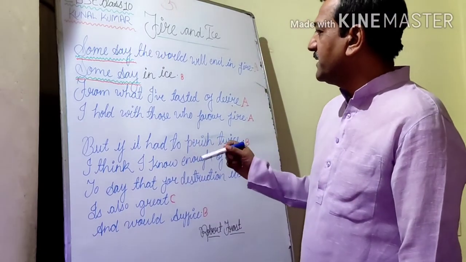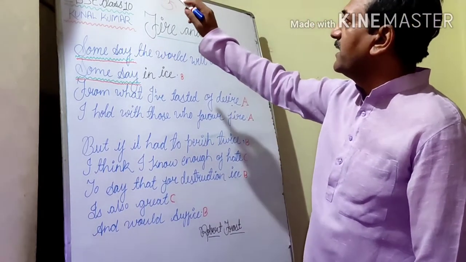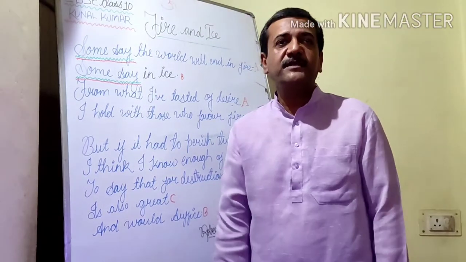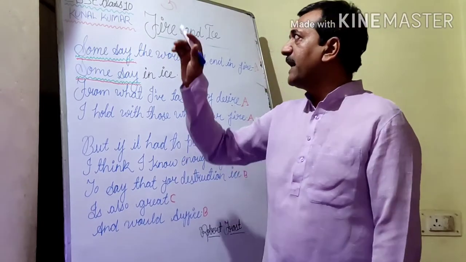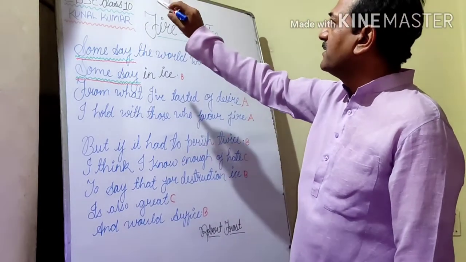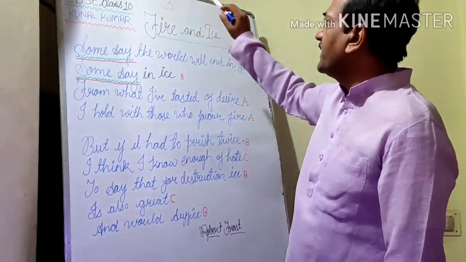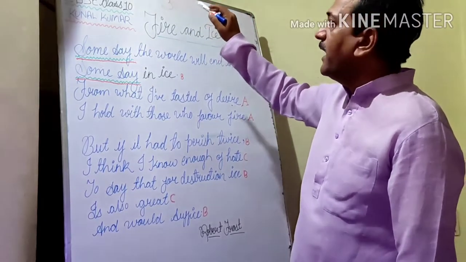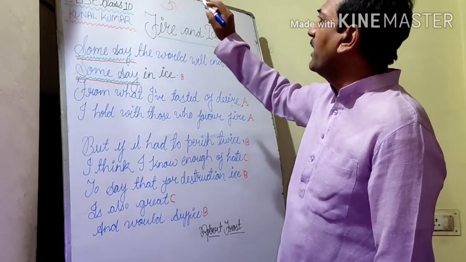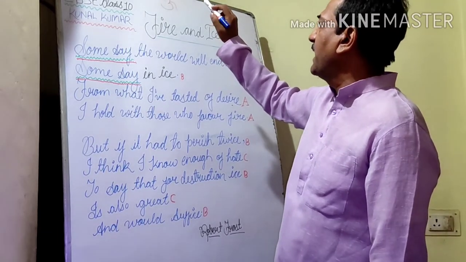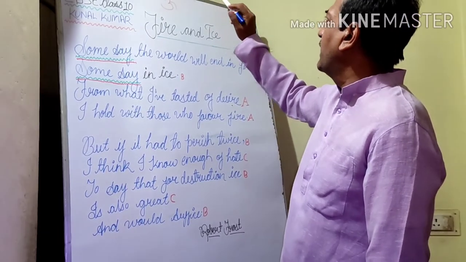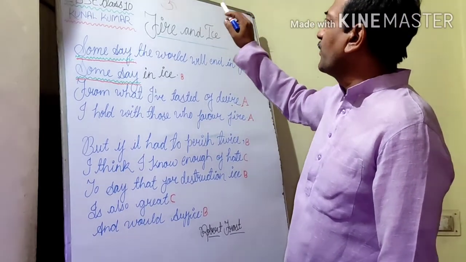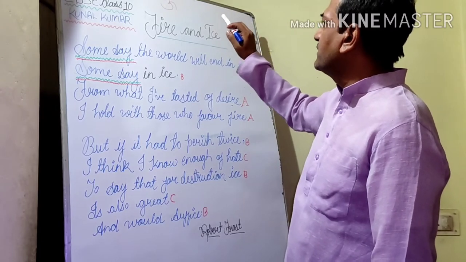So you can see here in the first two lines one more poetic device, enjambment, is used. Enjambment is something when one line continues to two lines or three lines in a poetic line, and there is no punctuation mark, and one line is flowing to the other line, third line.